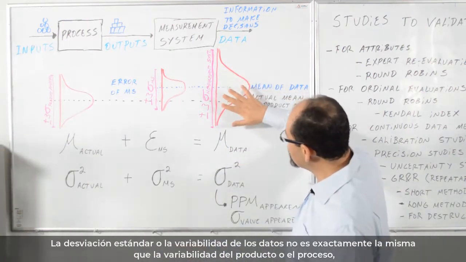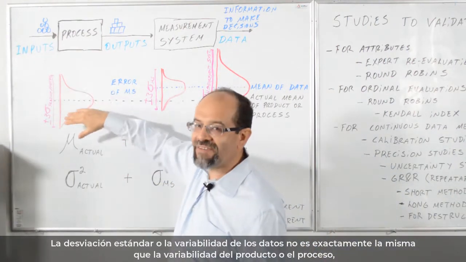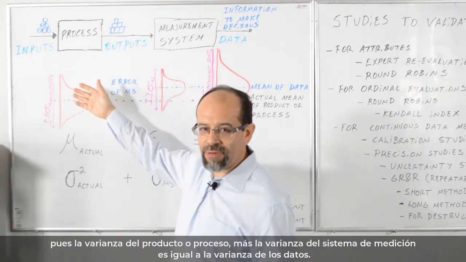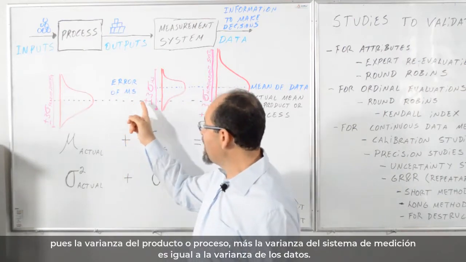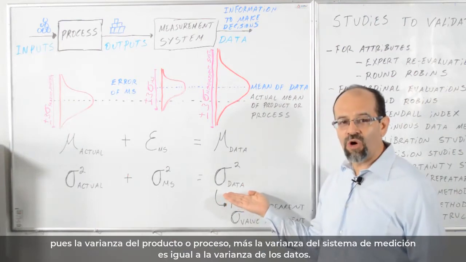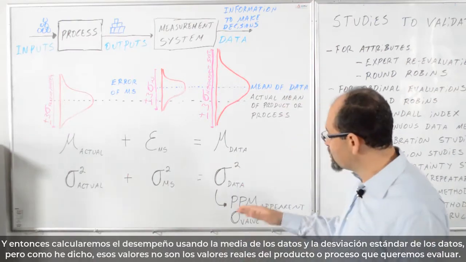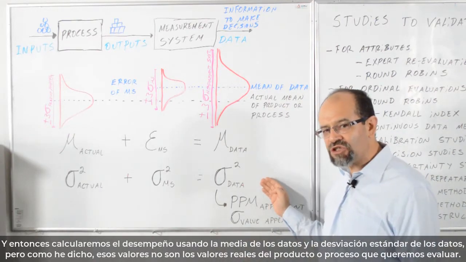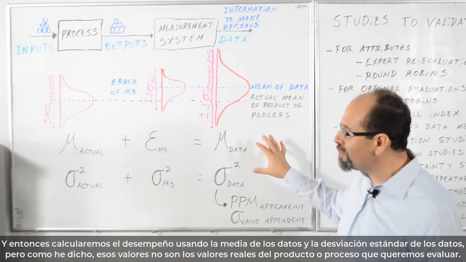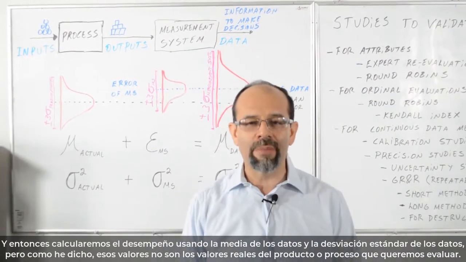The standard deviation or the variability of the data is not exactly the same as the variability of the product or the process. But the variance of the product or process plus the variance of the measurement system is equal to the variance of the data. Then we have calculated our performance using the mean of the data and the standard deviation of the data, but again, those values are not the actual values of the product or process that we want to evaluate.